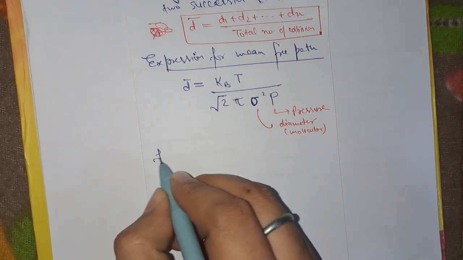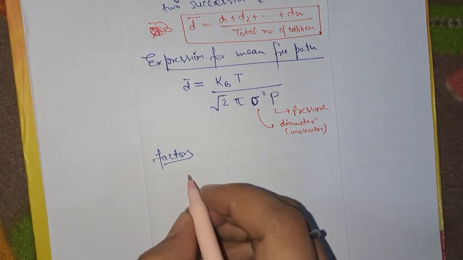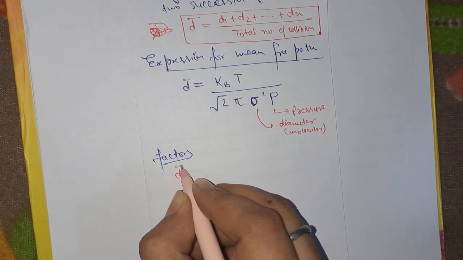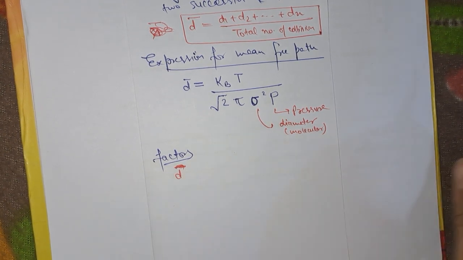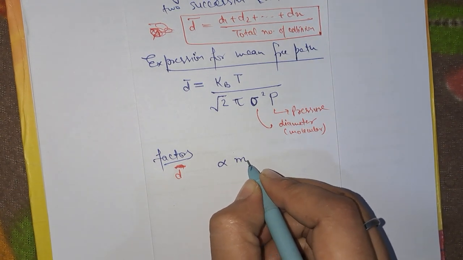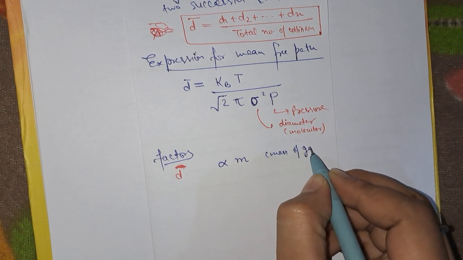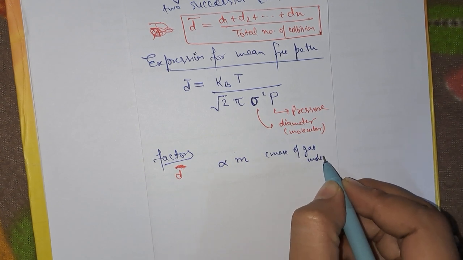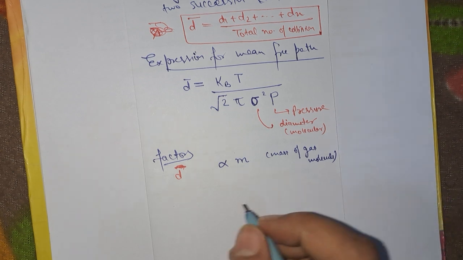So on what factors does this mean free path depend? It is inversely proportional to the mass of gas molecule. Higher the mass, more will be the mean free path.